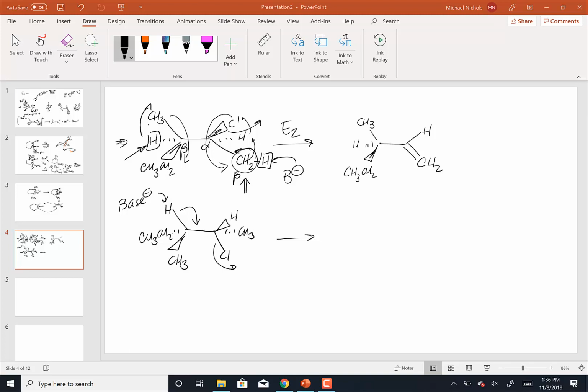So when I line the hydrogen and the chlorine anti-periplanar, the base comes in. The groups that are on the bold wedges are going to be cis to each other. The groups that are on the dashed wedges are going to be cis to each other. So over here, I've got a methyl group on the bold. It's going to be cis to the hydrogen on the bold. The ethyl group is on the dashed. It's going to be cis to the methyl group, which is also on the dashed.